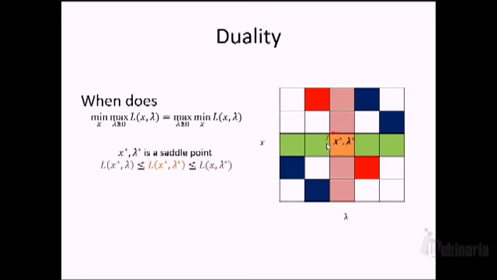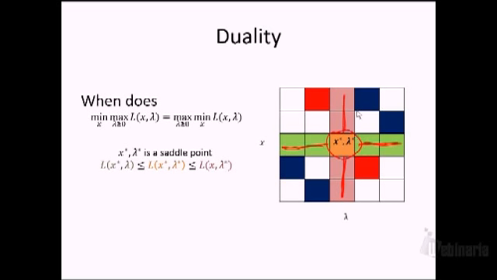strong duality holds when this point is a saddle point. That means the Lagrangian at this point is greater than the Lagrangian at any other choice of lambda for the same x, but less than the Lagrangian at any other choice of x for the same lambda.